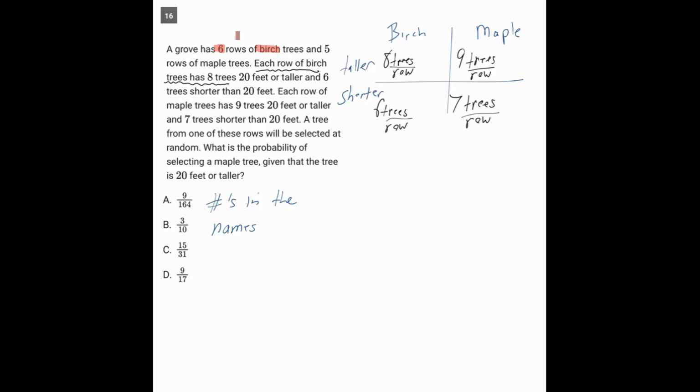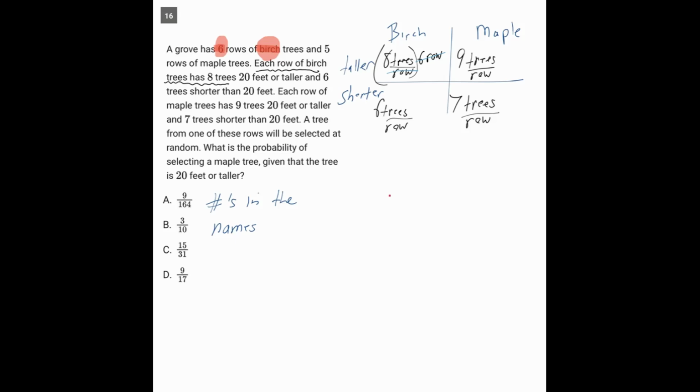Now, when we see that there are 6 rows of birch trees, we have the number of trees per row. If I multiply that by 6 rows, in terms of unit conversions, the rows will cancel, leaving you with 48.